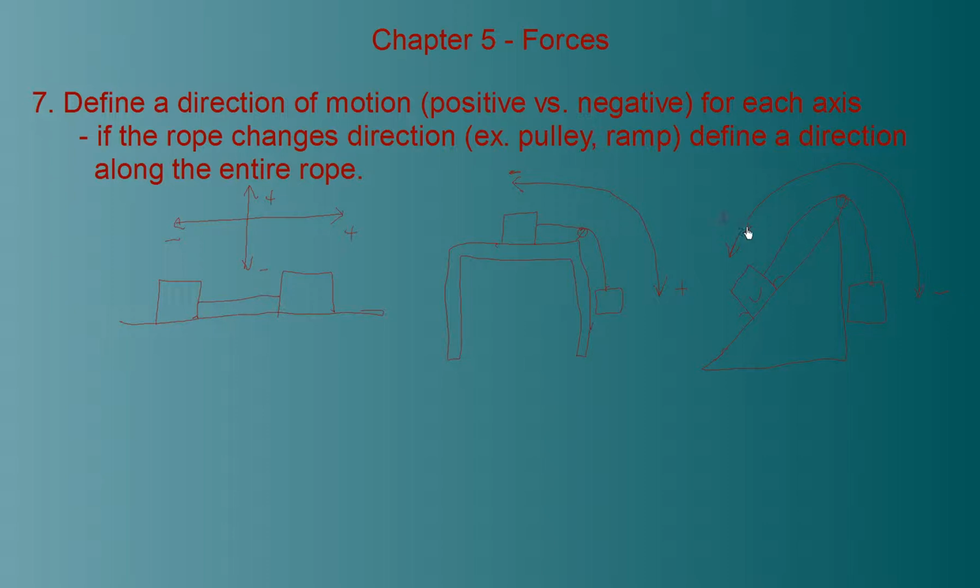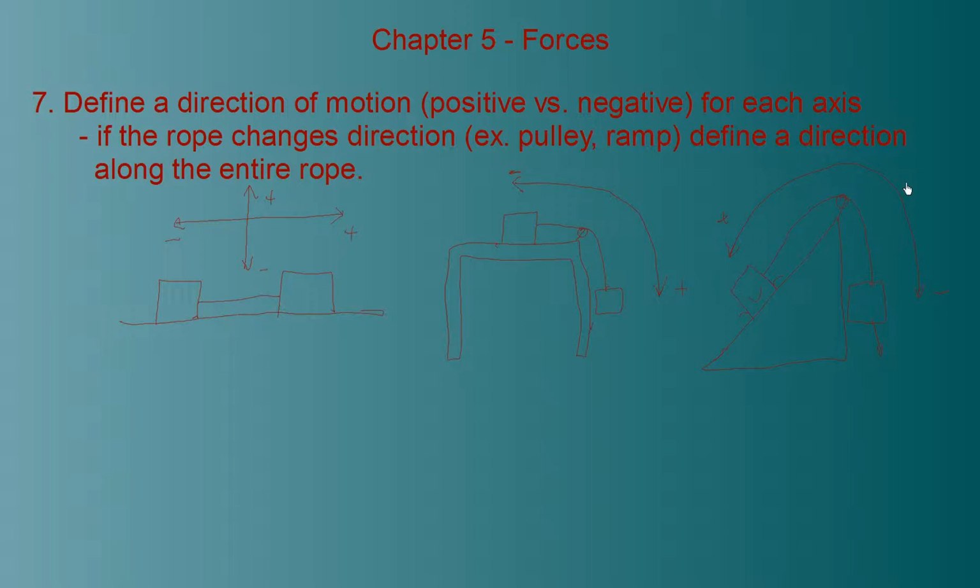Again, I could have switched these. And so, literally, this system is going to move along this path. If this block is heavier, then it's going to go down, and it's going to pull this block up with it. But the rope is going to move along, like up the ramp, and then down the other side. Or if this one's heavier, it's going to go up this side and down the ramp.